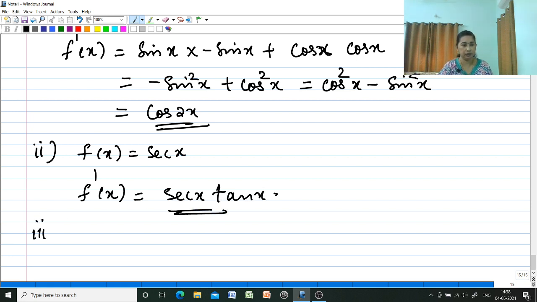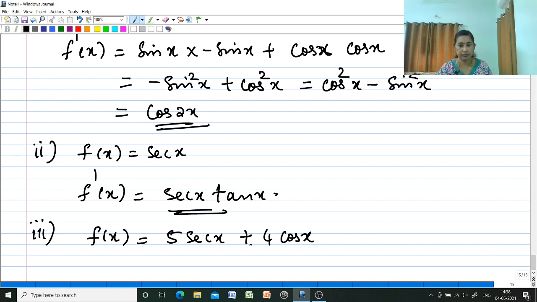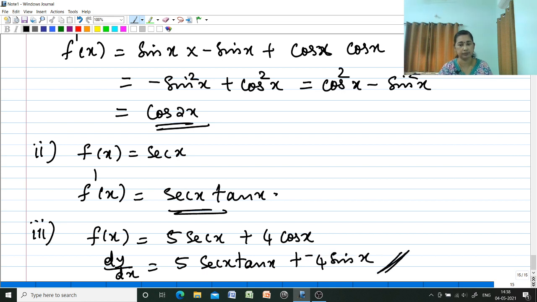Then third question, f of x equal to 5 sec x plus 4 cos x. So find the derivative. So dy by dx is equal to derivative of sec x is sec x into tan x, plus derivative of cos x is minus sin x. So minus 4 sin x.